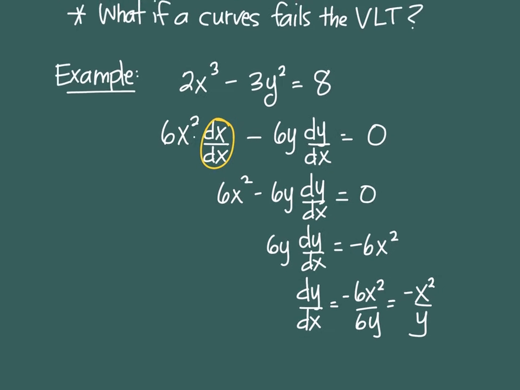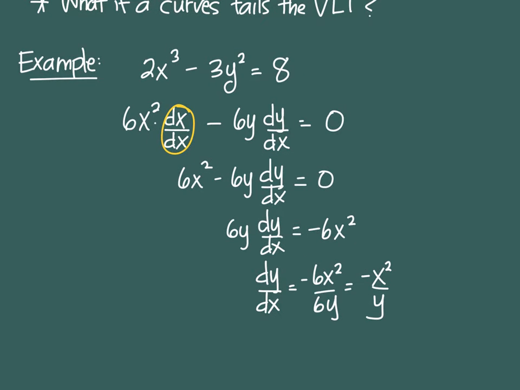So you'll notice that the derivative of something that fails the vertical line test has both x's and y's in it. Okay, so there's a negative here, and a negative there. All right, so now we're looking at positive x squared over y. Two negatives make a positive.